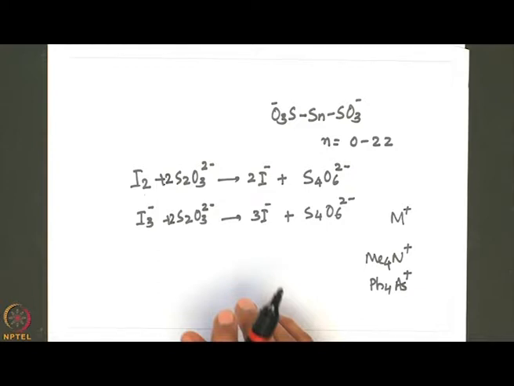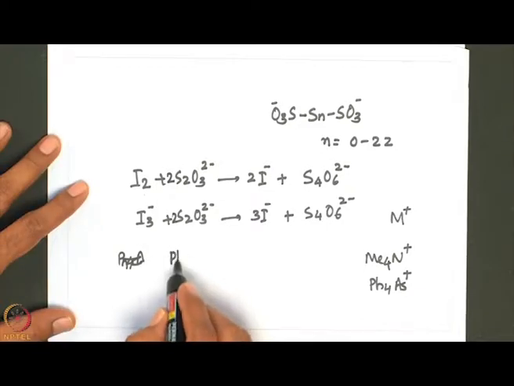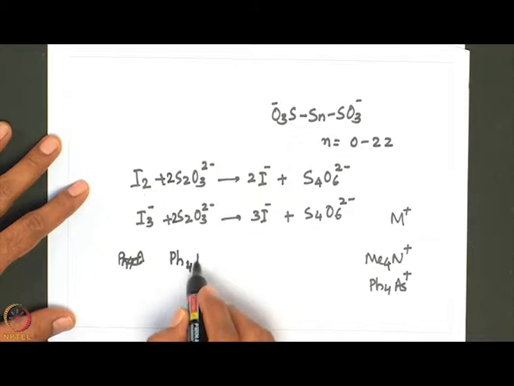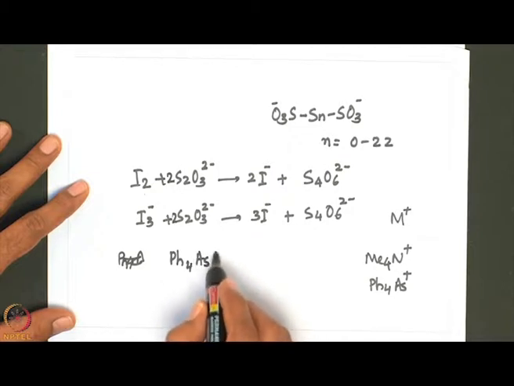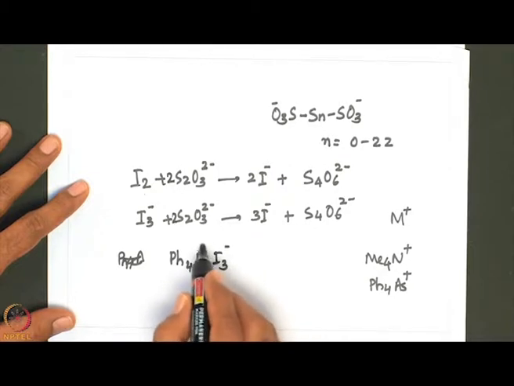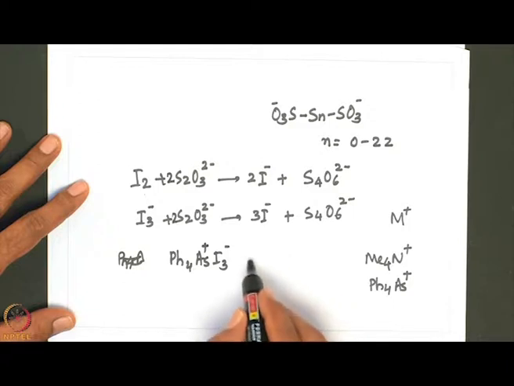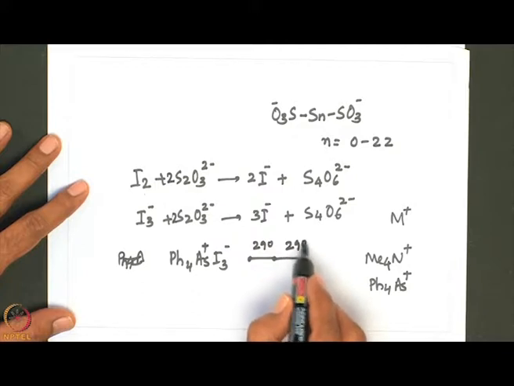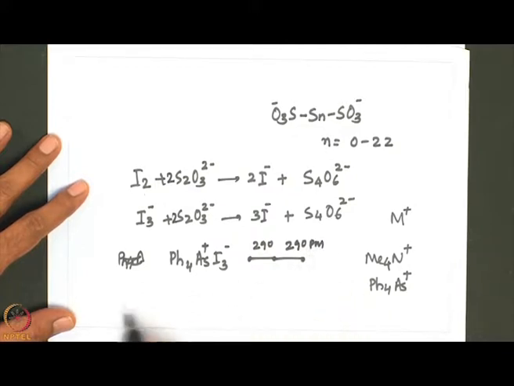For example, if we look into Ph4As I3, and just look into the I3 minus here, the I3 minus is symmetric, the I-I distance is 290 picometer, very symmetrical.